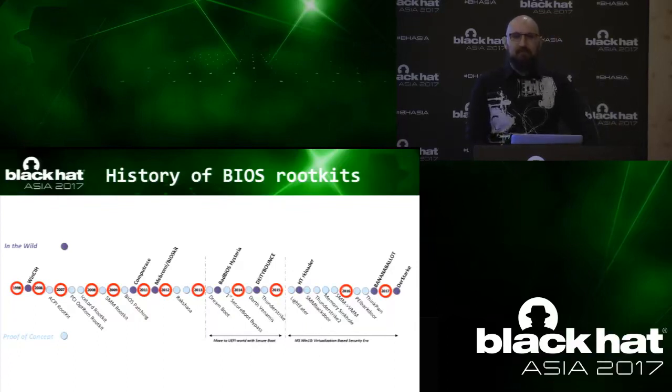Computrace: a lot of researchers already paid attention to the Computrace software and did some research in 2009, and in 2011 Mebromi showed up, which is actually the first known BIOS kit in the wild.